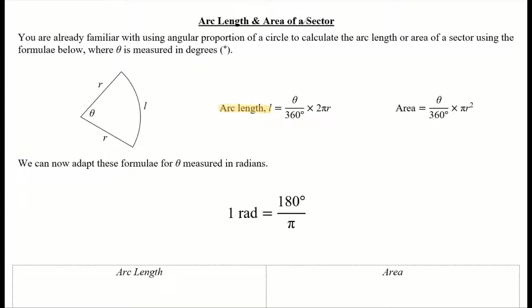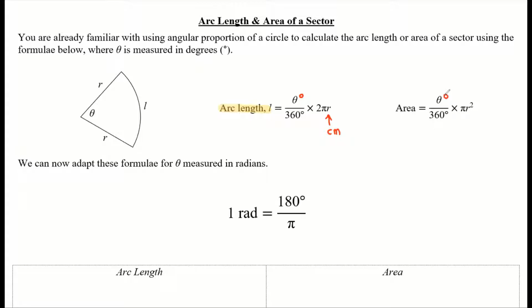The angle theta is measured in degrees. Notice that the degrees units will cancel, as a fraction, and r is measured in centimeters or meters or whatever units are specified. So this will give you an arc length in those units because the degrees will cancel out. And it's the same thing over here.